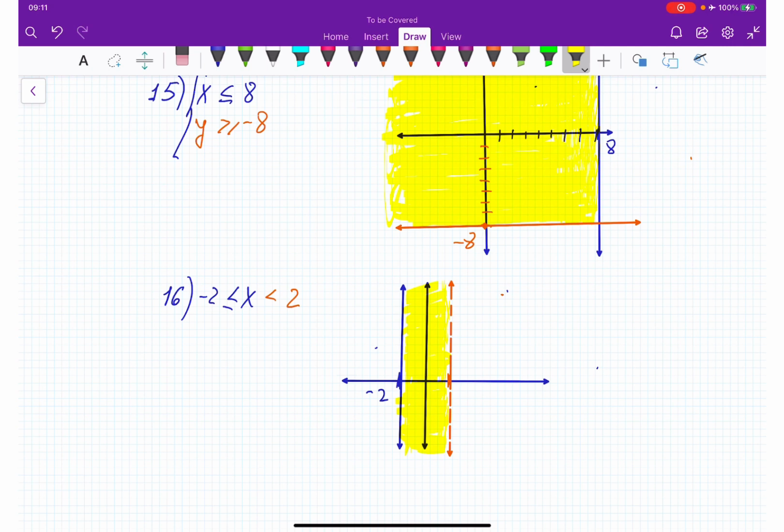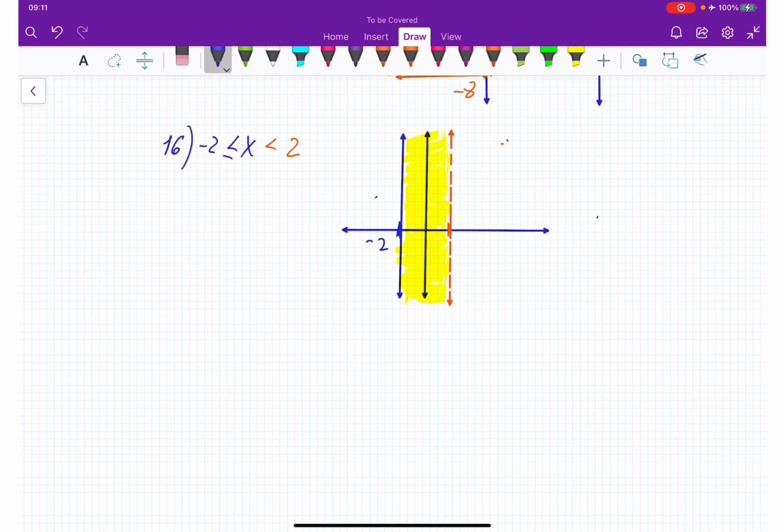Next question, number 17. Not bad. 17. So x minus y less equal 3 and x greater equal 2. Interesting case. We'll work it out.